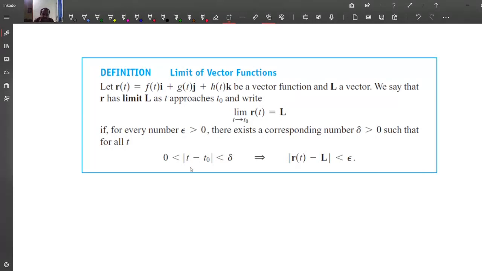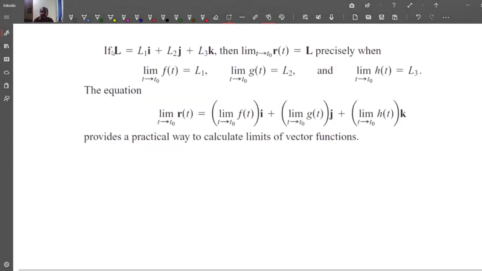That is, when t is coming closer to t₀, vector r(t) is coming closer to the vector L. So if L = L1i + L2j + L3k, then limit as t tends to t₀ of r(t) equals L precisely when limit of f(t) equals L1, limit of g(t) equals L2, and limit of h(t) equals L3.